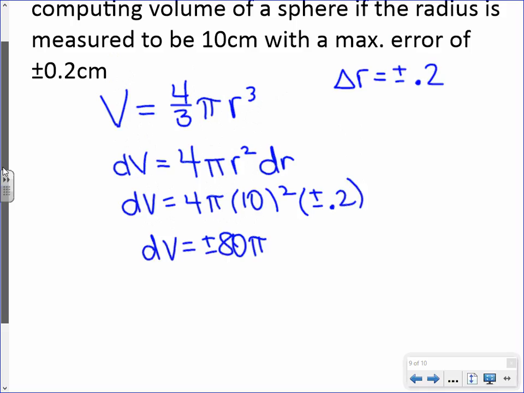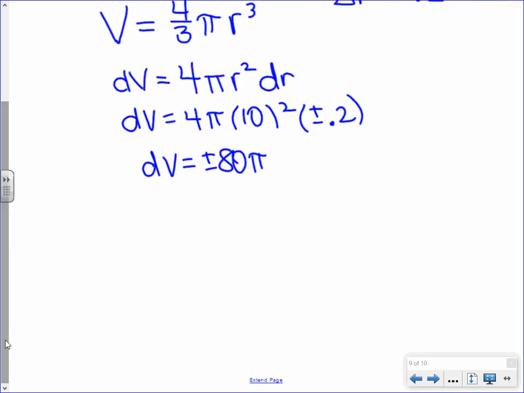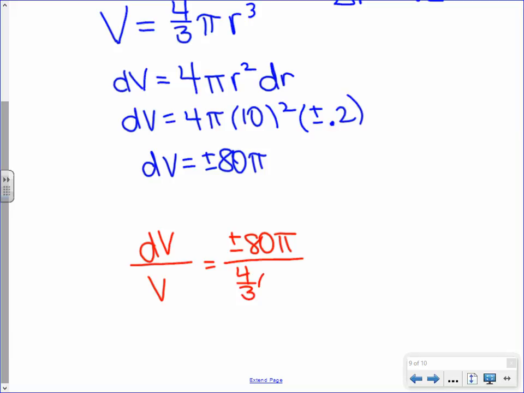Now, when we calculate error, what we're going to do is take that differential, how much can our volume differ by, over what the actual volume is. So our volume can differ by plus or minus 80 pi, and our actual volume at 10 centimeters would be 4/3 pi r cubed.